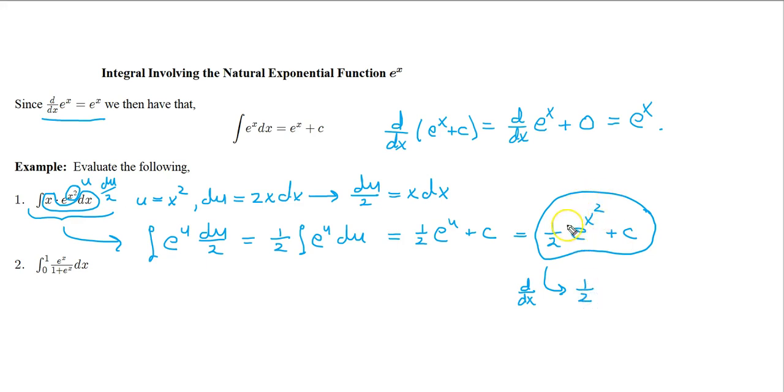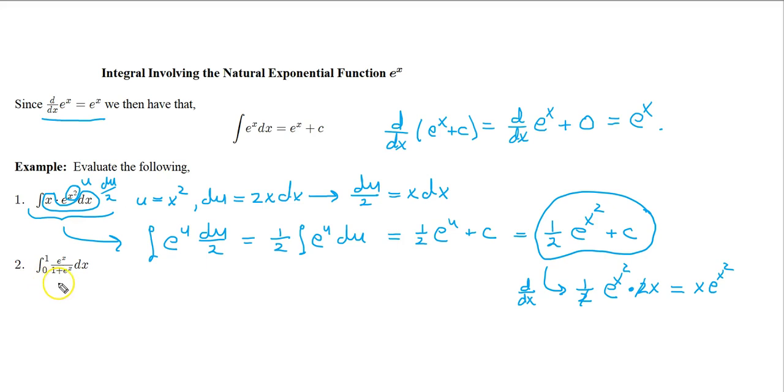We have to use the chain rule when we differentiate this, so we let u equal x squared, so it's going to be e to the u times du dx, which is 2x, and then the derivative of the c is 0, and we end up with the 2's canceling here, which is what we wanted over here, x e to the x squared.